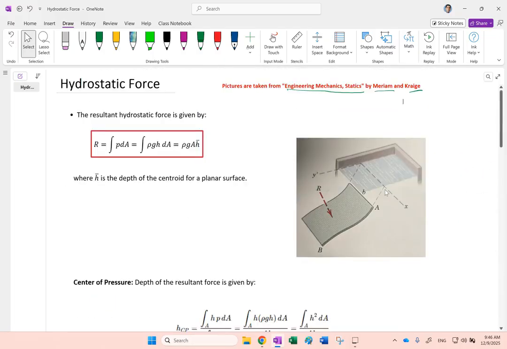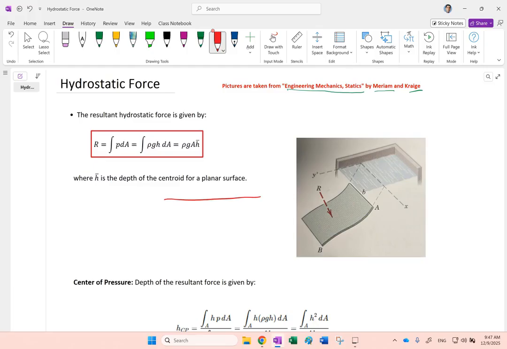So let's get started. Here we look at an object inside water, and the forces that you can see on, let's say, the top surface AB of the object are the result of the pressure. As you know, the pressure inside water increases as you go underwater. Let's say this is the surface of water.